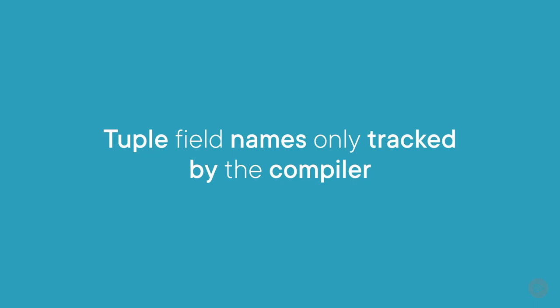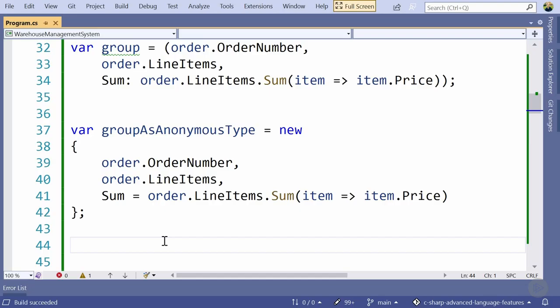The names inferred by the compiler or explicitly defined will only be tracked by the compiler. When your application is running, you will have no way of finding out what a tuple element was named, at least not without some custom code. Where this can make a huge difference is if you use serialization.